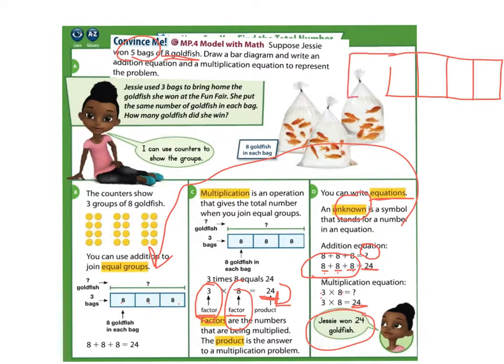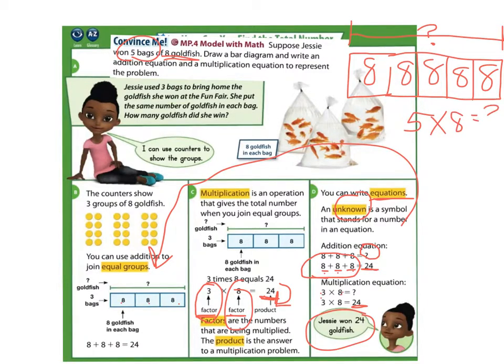So I have 5 boxes, and there are 8 goldfish in each box. Remember, the line at the top represents the total we have, which is our unknown. So our equation could be 5 times 8 equals our unknown, or 8 plus 8 plus 8 plus 8 plus 8 also equals our unknown.